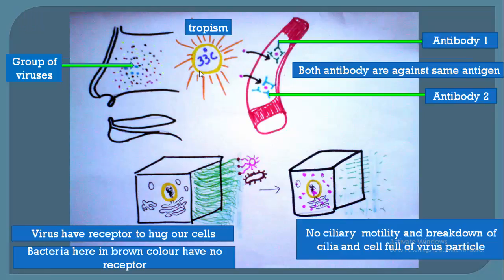We all know that our body temperature is 37 degrees centigrade, but it is different in our nose. Our nose is only 33 degrees centigrade. So the viruses which can survive at that temperature will survive. For example, the pink one here, which I have pointed out, among the different colors of viruses, the pink virus has entered. That is the rhinovirus that has entered.